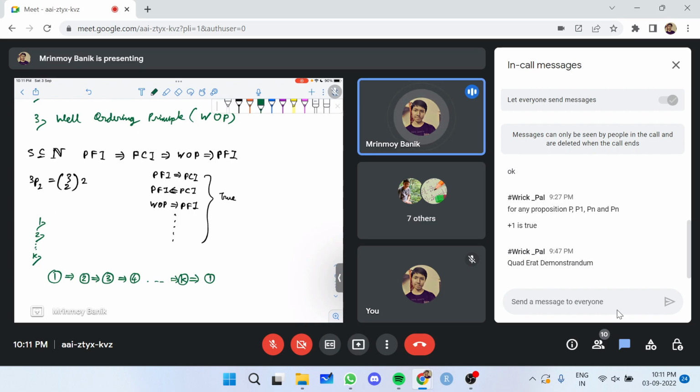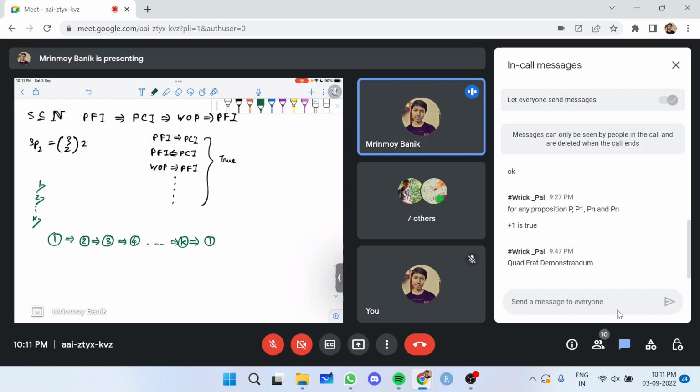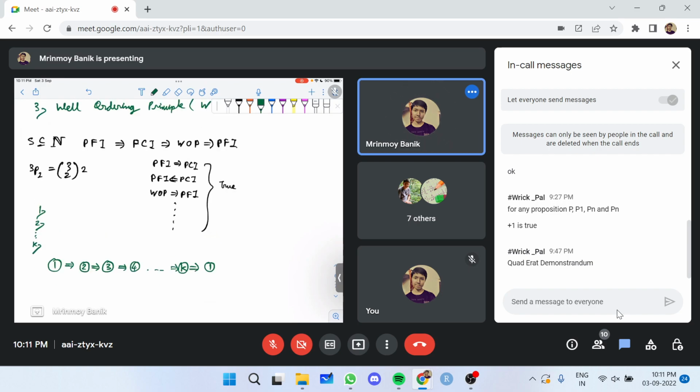Then you don't need to show any other implication. You just prove n implications explicitly.